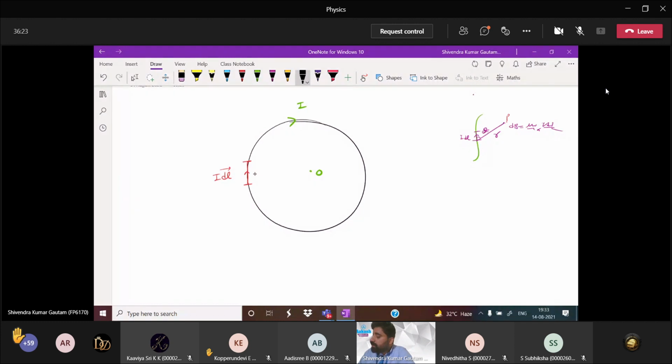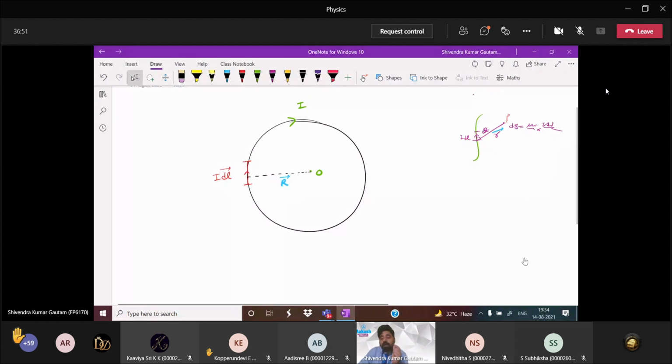Can you tell me, from the current element to the center, what is the distance? Radius or not? Yes, sir, radius. So here the radius vector r. Can anybody tell me the angle between the radius vector and the current element?